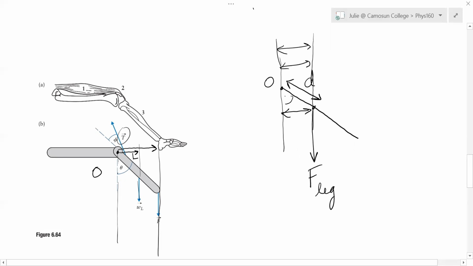Well, if this is theta, and this is the lever arm, well, in this case, this side is opposite theta. And so this lever arm would be equal to D sine theta.